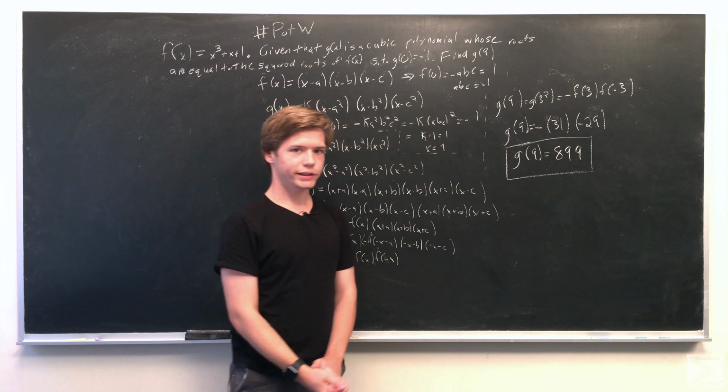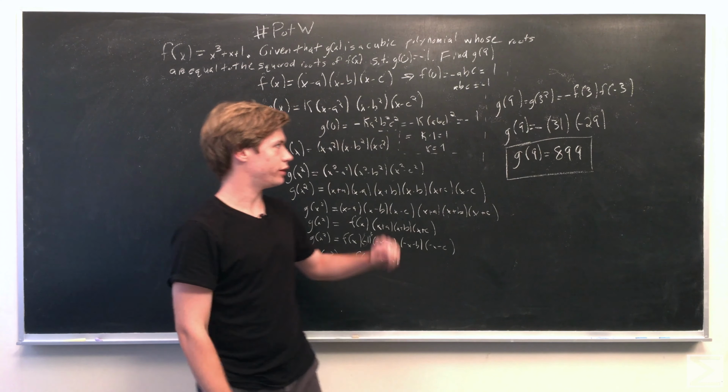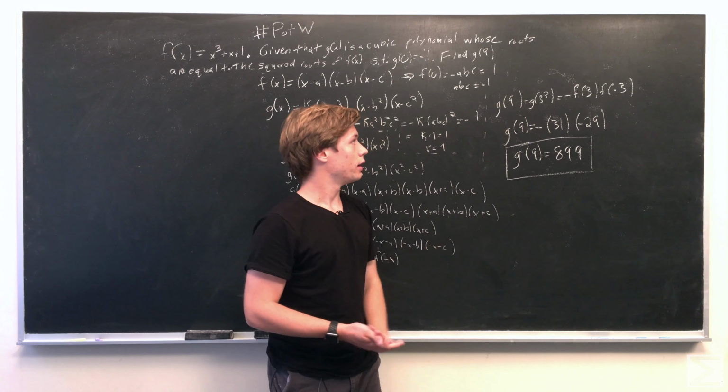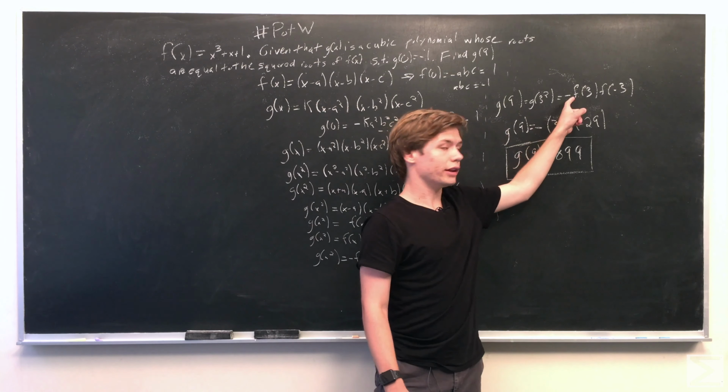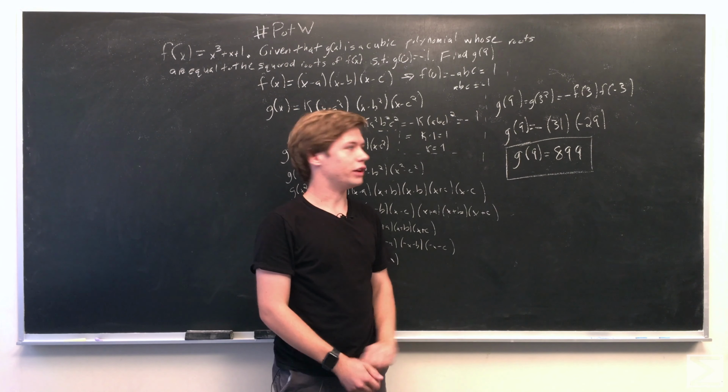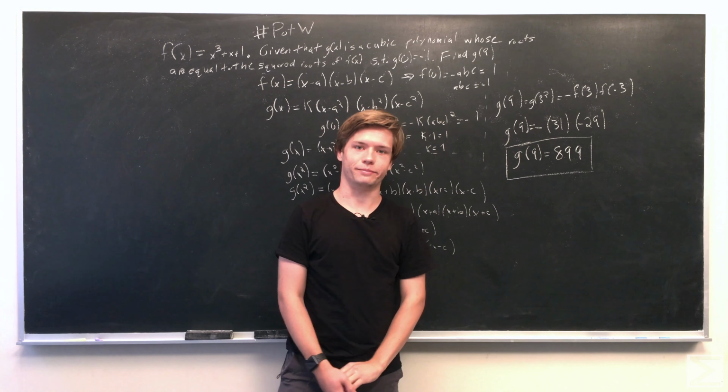As you can see, we took g of 9 equal to g of 3 squared, which equals negative f of 3 times f of -3. And so you plug 3 and -3 into the original polynomial here, and then it's plug and chug, and we find that g of 9 is equal to 899.